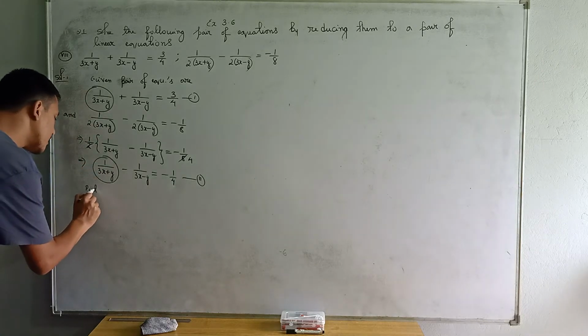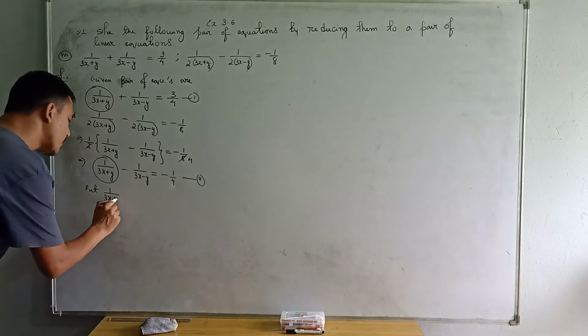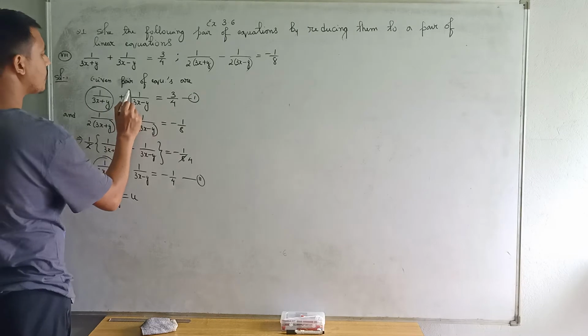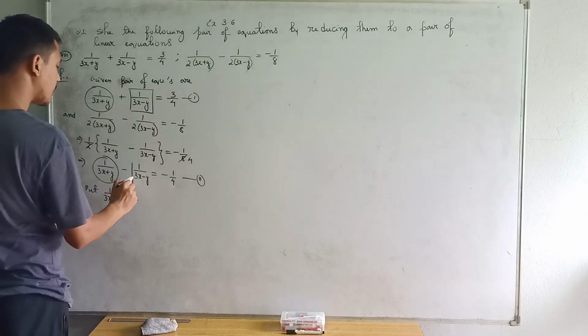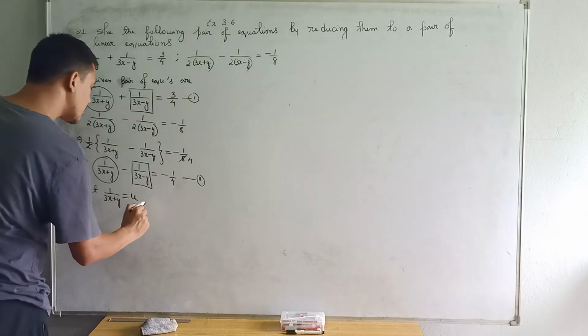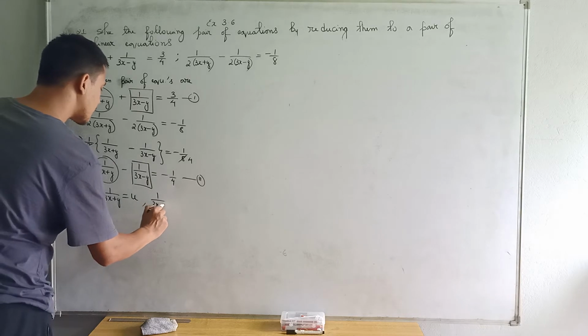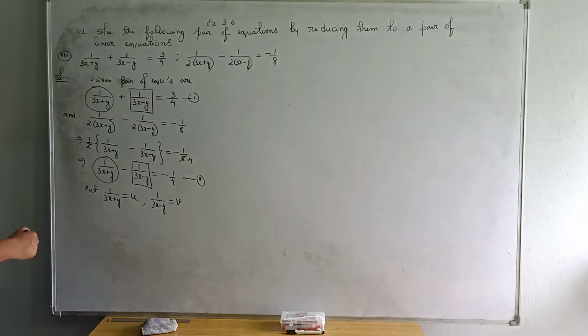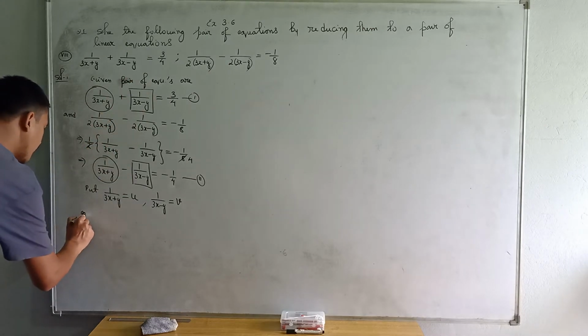So we can substitute 1 upon 3x plus y to be u. Here we have 1 upon 3x minus y. Here also we have 1 upon 3x minus y. So we can substitute 1 by 3x minus y to be v.